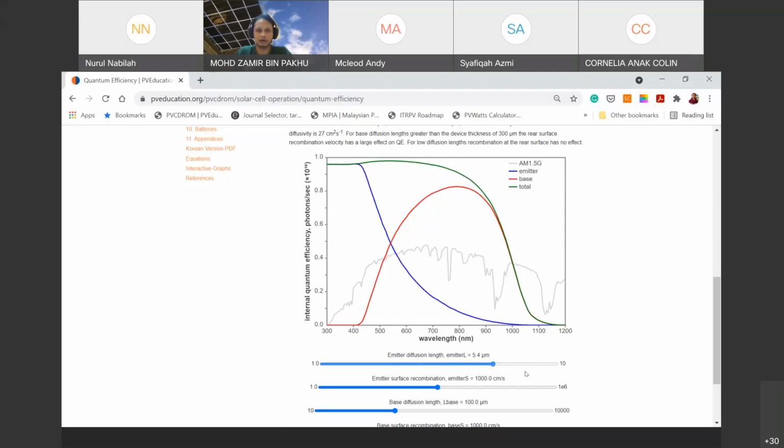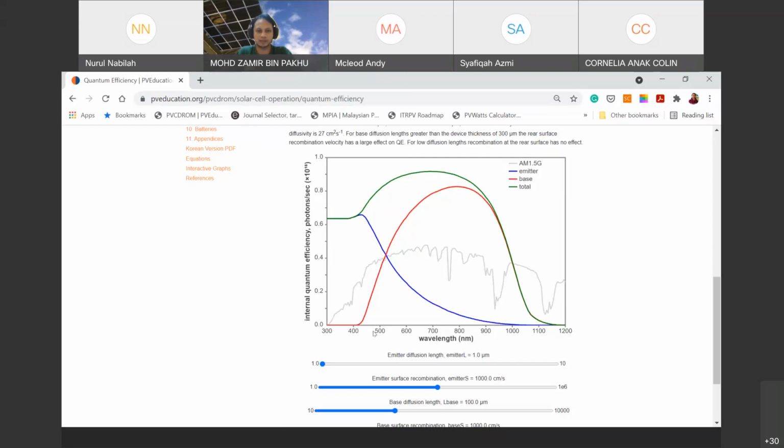As a result of lower emitter diffusion length, the blue curve is now lower than it was. That means the emitter diffusion length is affecting the emitter collection probability, or the QE of the emitter. As a result, since the green one is the addition of blue and red, you're going to see a reduction in the short wavelength region as well.